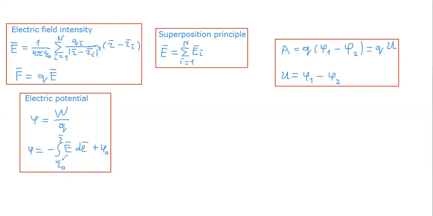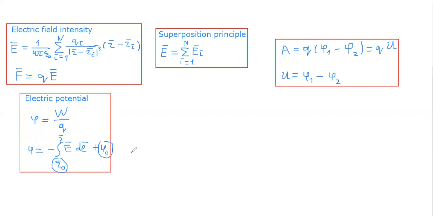What are R0 and phi 0? R0 is some chosen point in space, and phi 0 is some chosen value of electric potential at the point R0.